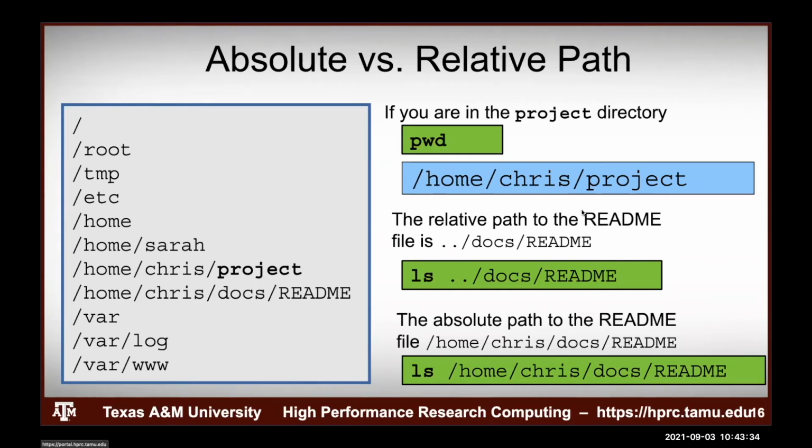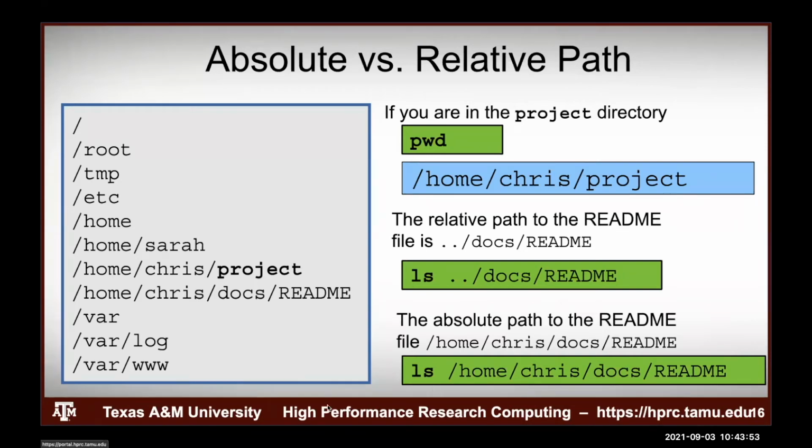While you're just starting your Linux journey, I would recommend you use absolute paths, especially when you're giving commands that are going to operate on some file, because you want to make sure you're pointing where you want Linux to work.